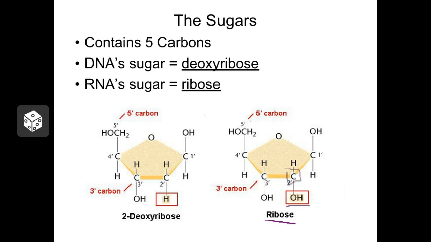That's what makes it ribose. In comparison, deoxyribose, which is found in the nucleotides of DNA, only has a little hydrogen attached there. So it's lacking this oxygen that ribose has at this position, so we call it deoxyribose. It's like ribose, but missing an oxygen.